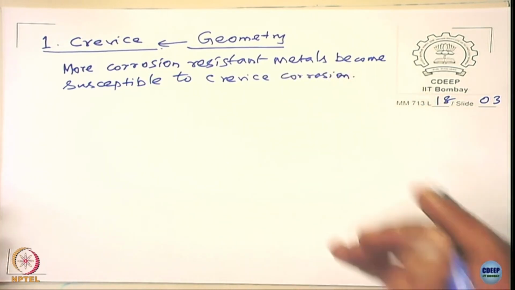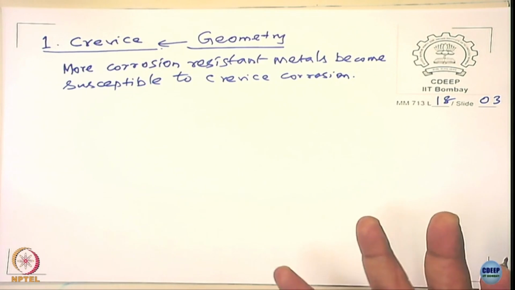So, it's no wonder that in some cases the corrosion occurs, in some cases corrosion does not occur. The environment may be the same, but if the crevice geometry, the crevice dimensions change, then the extent of crevice damage could change.